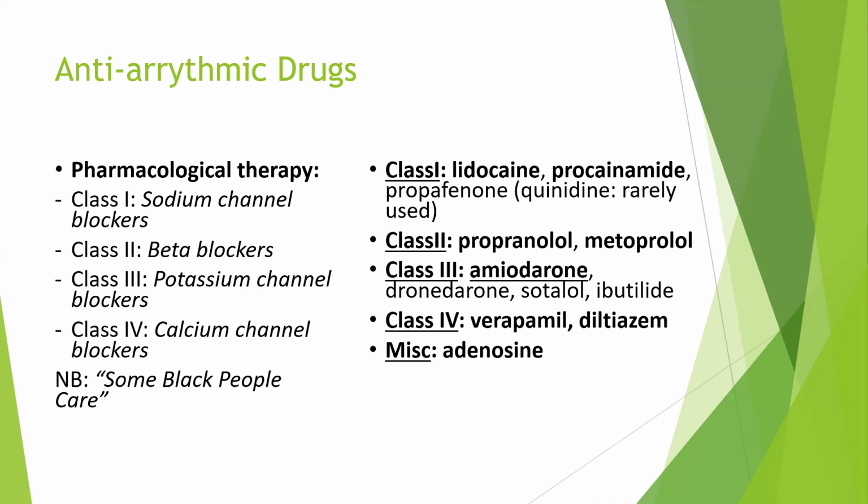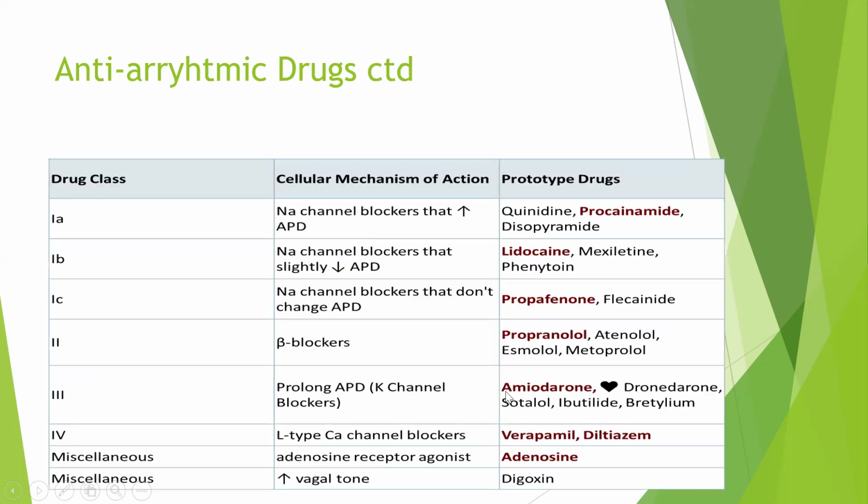Potassium channel blockers, look, your amiodarone, all right, belong to class 3. And class 4 are your calcium channel blockers, or diltiazem. These are class 4 channel blockers, okay? Now we have all of these as the examples on the right side. Adenosine and digoxin, they are antiarrhythmics, but they fall into the miscellaneous groups.